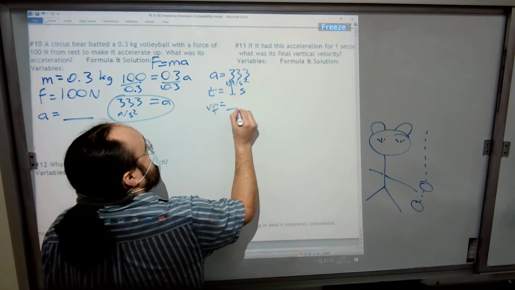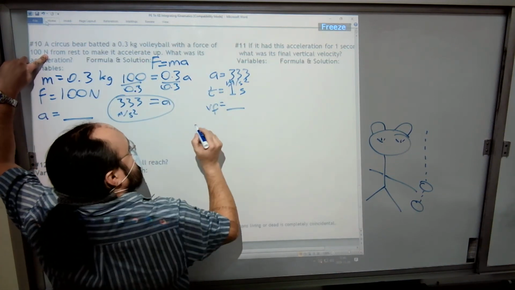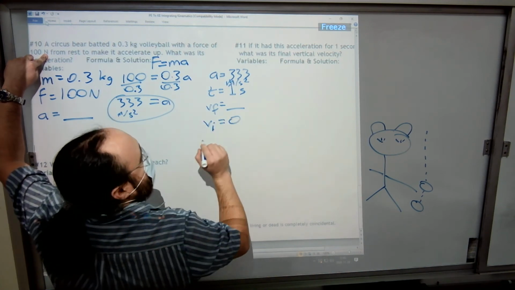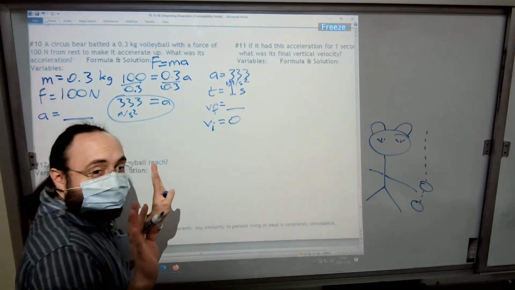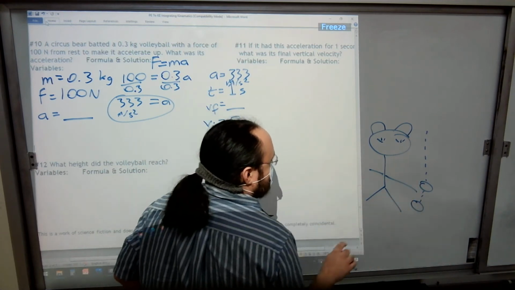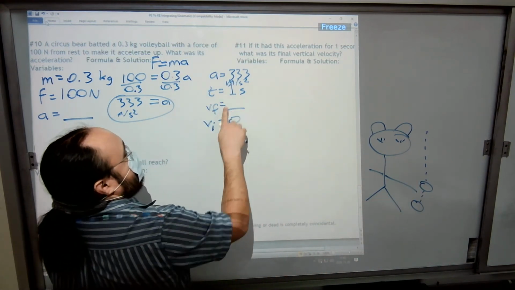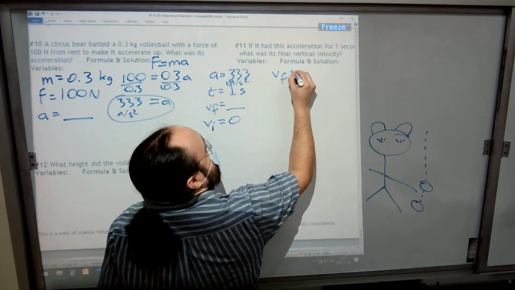Okay, so it asked for its final velocity. In this other question, it told us it batted the volleyball from rest, so VI is 0, and that's all we got. We're not using 9.81 in this, it's just about what the bear is doing here. We're pretending like there's no gravity. It did not mention displacement, so I'm going to use the formula that does not mention displacement.